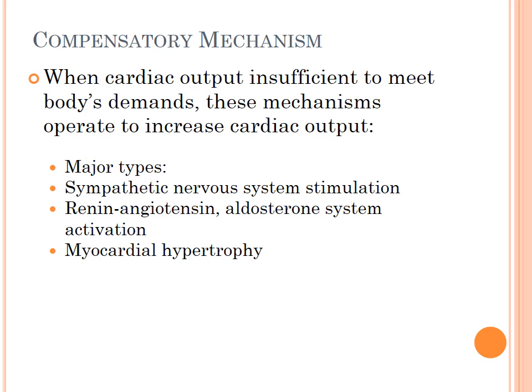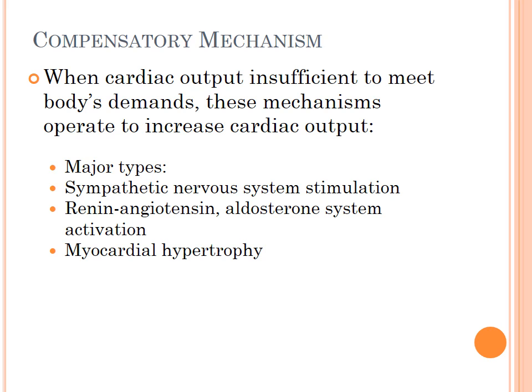And angiotensin 1 is converted to angiotensin 2 when it passes through the lungs, because that's where the ACE enzyme is. So the ACE enzyme converts the angiotensin 1 into angiotensin 2. And remember, angiotensin 2 is a potent vasoconstrictor.